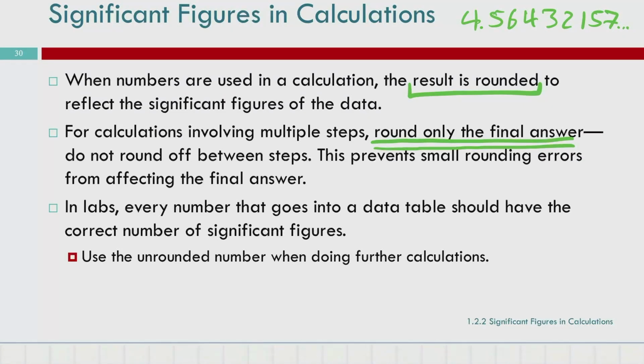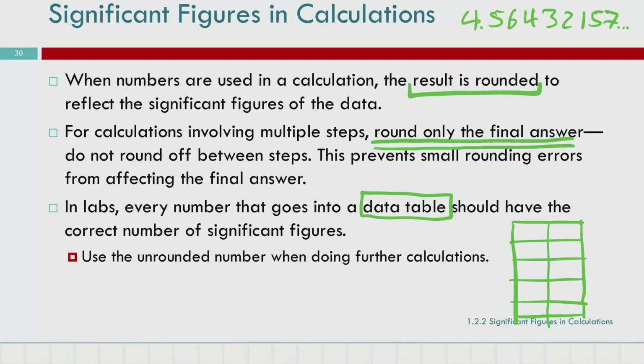In labs, every number that goes into a data table should have the correct number of significant figures. All right, so for making measurements, these numbers will have been rounded.